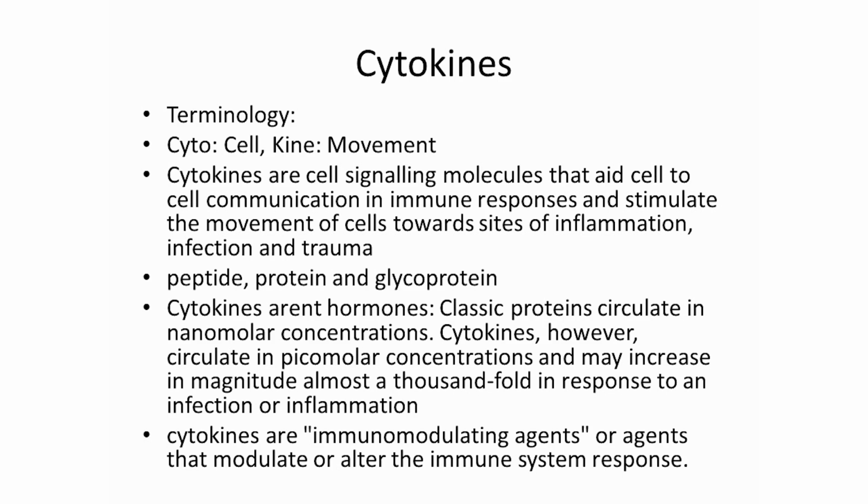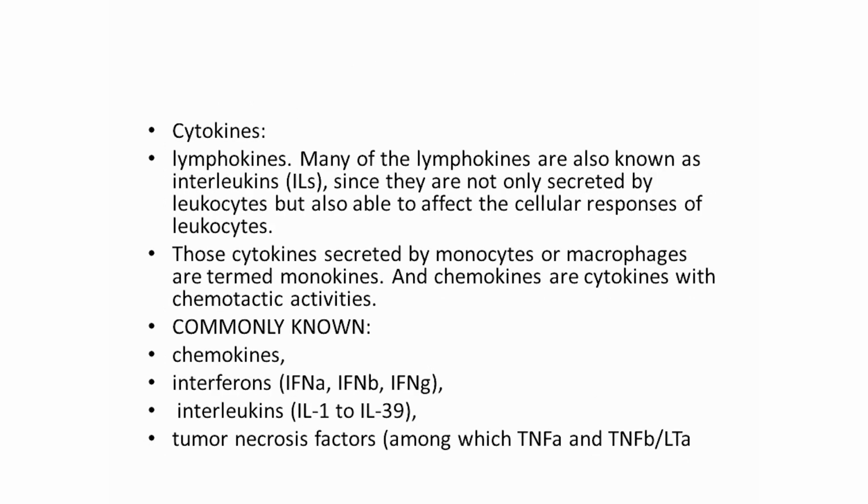Why are they not hormones? This is somewhat theoretical, because classically hormones circulate in nanomolar concentrations, whereas cytokines can circulate in picomolar ones. So basically they are immunomodulating agents, they are the messengers. What are they? They are lymphokines, the ones that come from lymphocytes. Interleukins are very famous. They are also called chemokines.